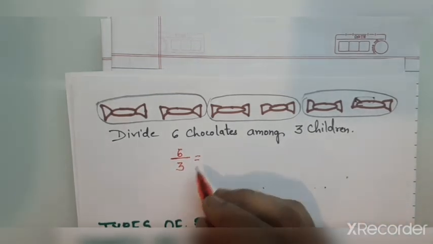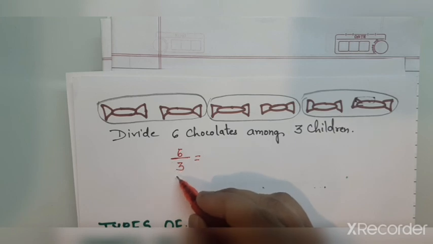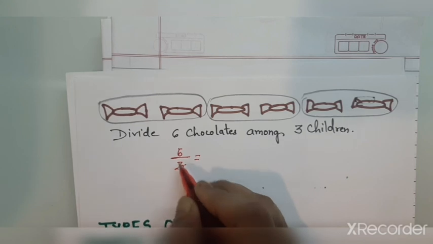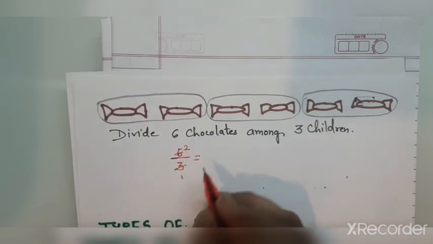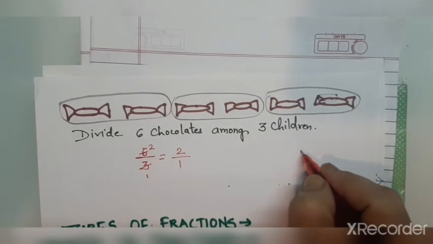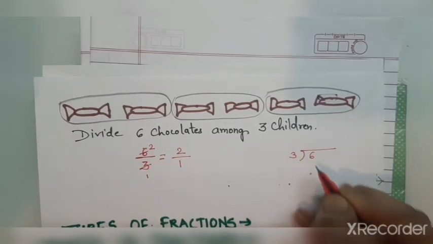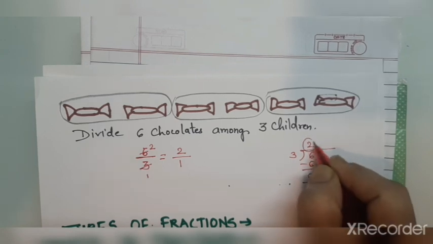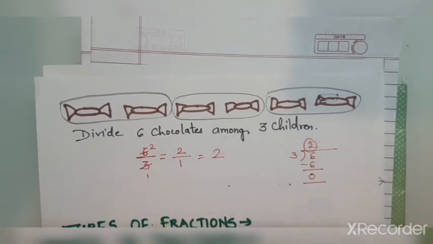You can do this directly here by cancelling, or you can do it in the rough. We know that 3 ones are 3 and 3 twos are 6, so we get 2 upon 1. Or you can do it here also: 3 twos are 6. So the answer is 2.